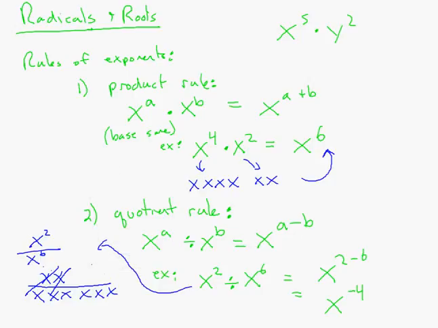A 1, because they canceled. It doesn't cancel to a 0, it cancels to a 1. So how many x's do I have in my denominator? 4. So I move that down if I have a negative. Now I don't always get a negative, but sometimes that happens.